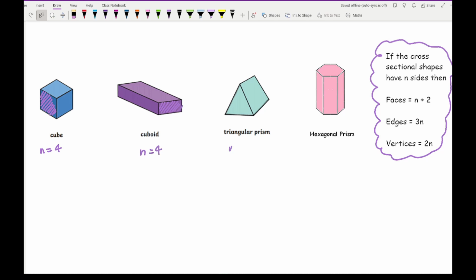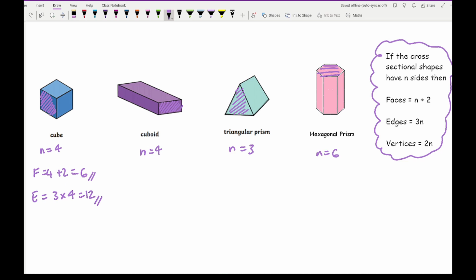On a triangular prism, this is a cross section, so n equals 3. And on a hexagonal prism, we've got n equals 6, because there's 6 sides of that cross section. So to work out the number of faces, that's going to be 4 plus 2, which is 6. For the number of edges, that's going to be 3 times 4, which is 12.